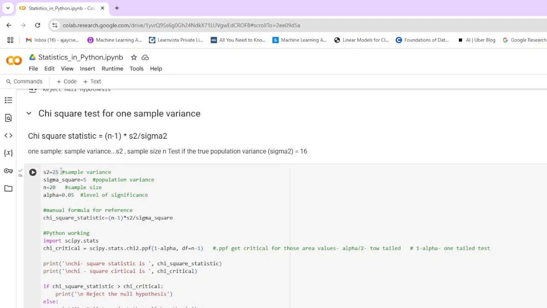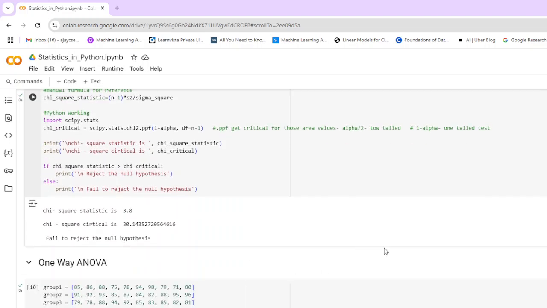I want to check if one value is less than the other value. So this is 5 and this is 25. Here this becomes a one-tailed test, and it shows that it has failed to reject the null hypothesis, because one is 5 and another one is 25. One is lesser than the other one.